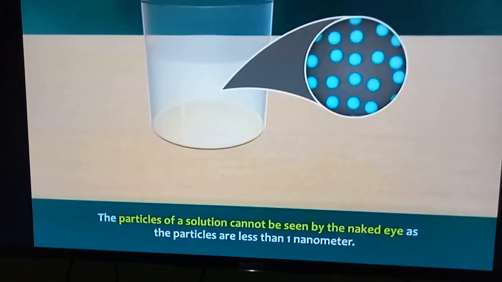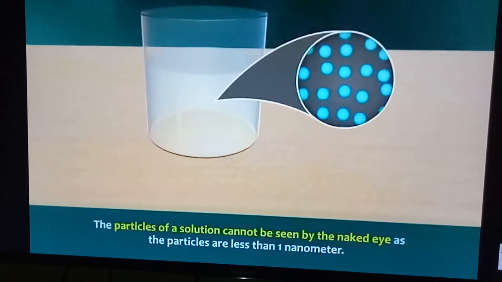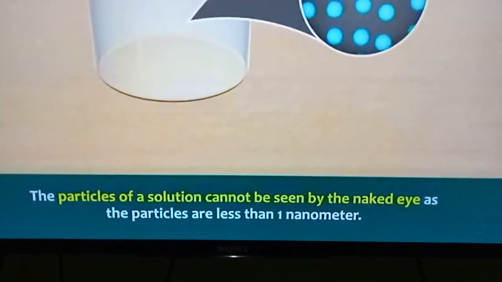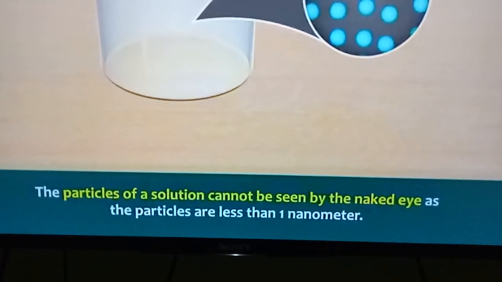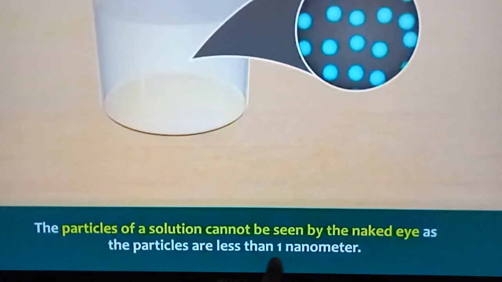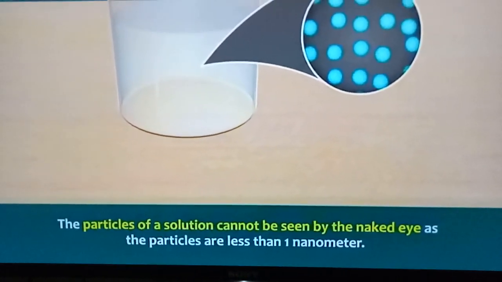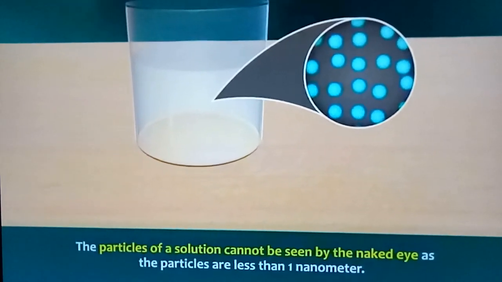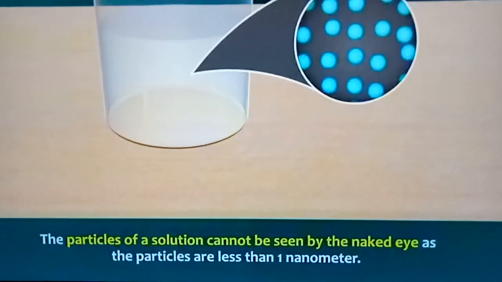Now the properties of the solutions. The first property states that the particles of a solution cannot be seen by the naked eye, as the particles are very small in size, less than 1 nanometer. That is, the size of the particles in a true solution is always less than 1 nanometer.